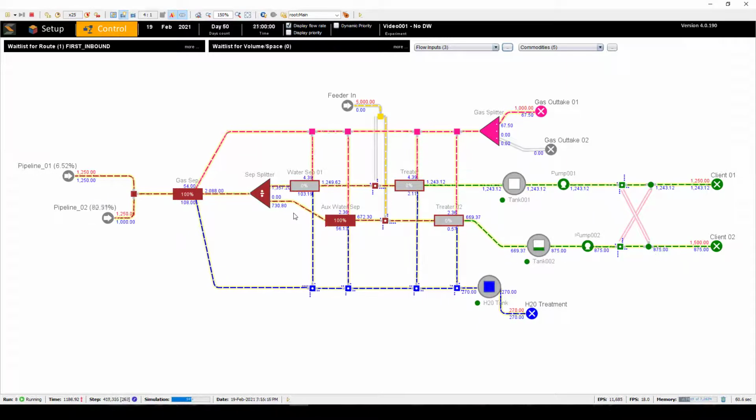We have this simulation to run from January 1st, 2021 to the 2nd of April, 2021, so we can look at the Q1 performance of this network. Let's skip ahead to the end of the simulation.